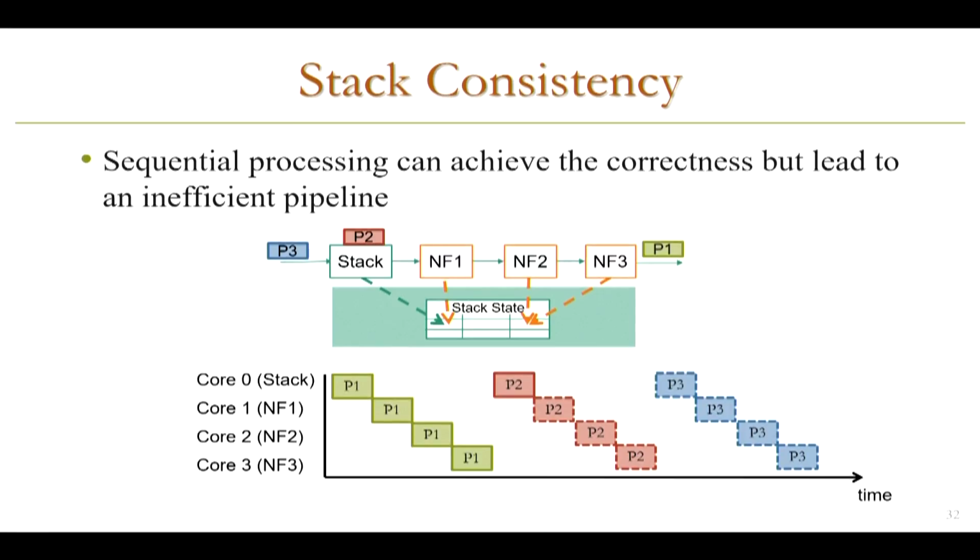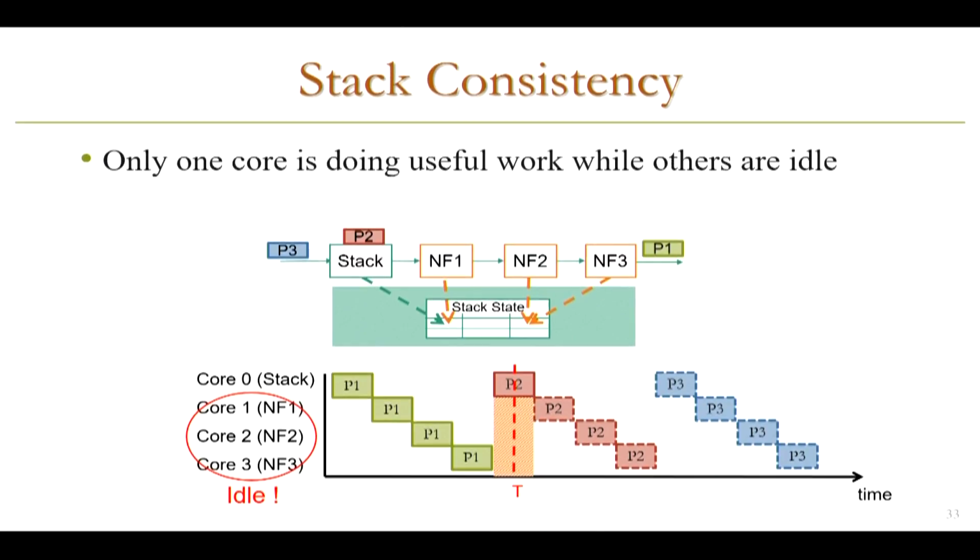This approach can achieve correctness since only one core is accessing the stack state. But if we put it into the timeline, we can see this leads to an inefficient layout, since only one core is doing useful work, while others are idle. So how can we improve it?